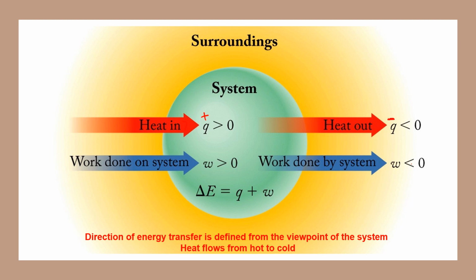In chemistry, if work is done on a system, we say that it is positive. If work is done by the system, that would be negative.